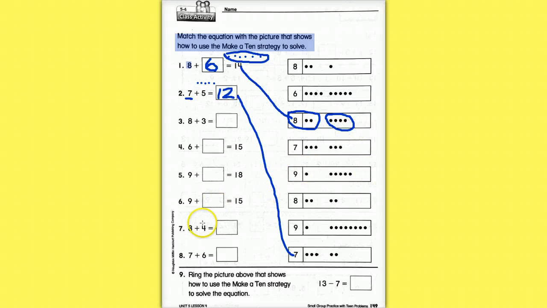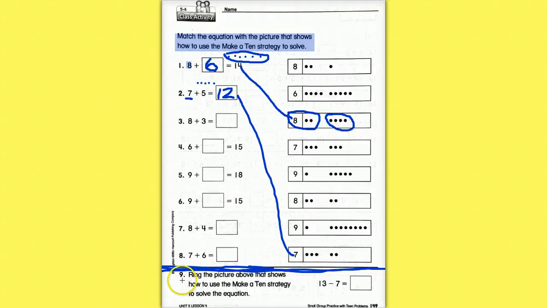What I want you to do right now is pause the video while you work. And when you've done number 8, so when you're down to here, then you can start the video again and I'll explain how to do number 9. So go ahead and pause the video and do all of these problems, then start the video again, and I'll show you how to do number 9.